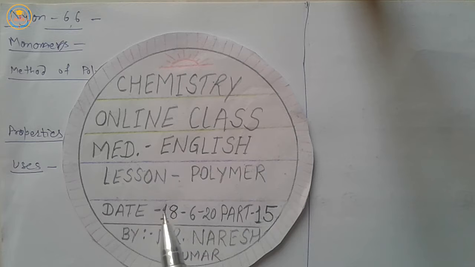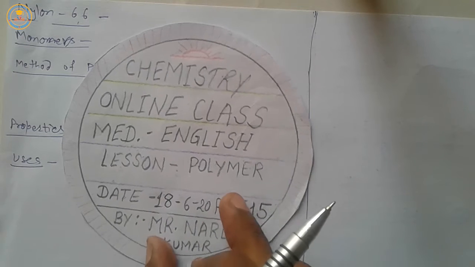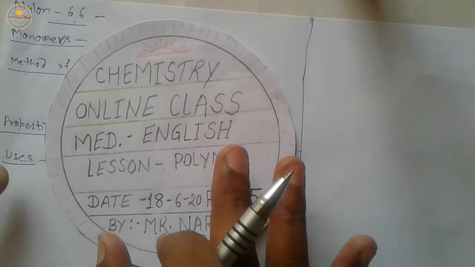Terylene is a polyester whereas nylon 6 is a polyamide. Firstly, give a comment on the full name of PET. In today's online class, we are going to discuss nylon 66, bakelite and Teflon.